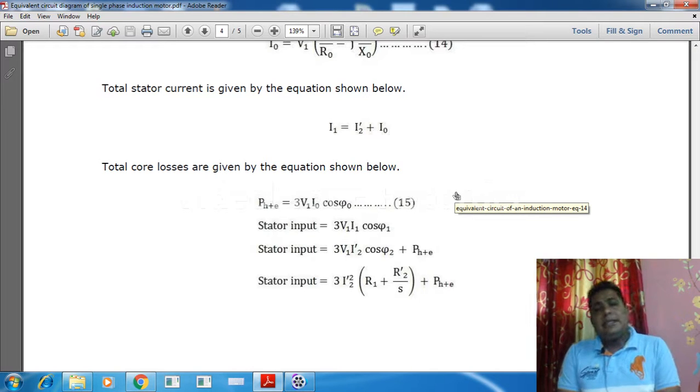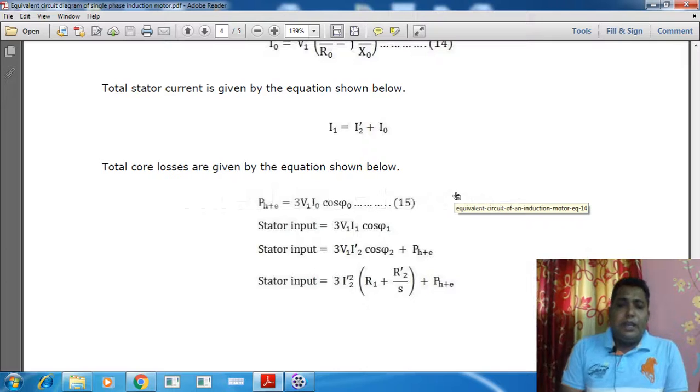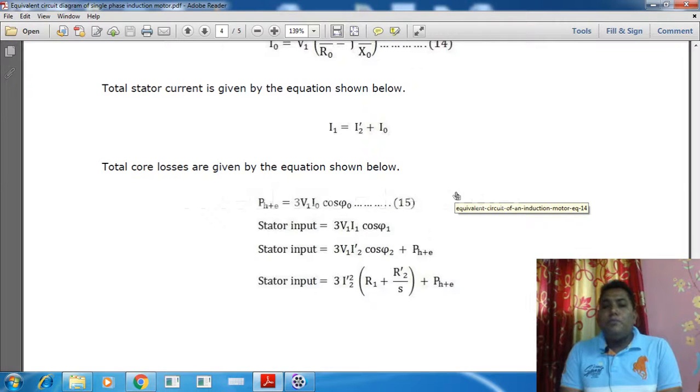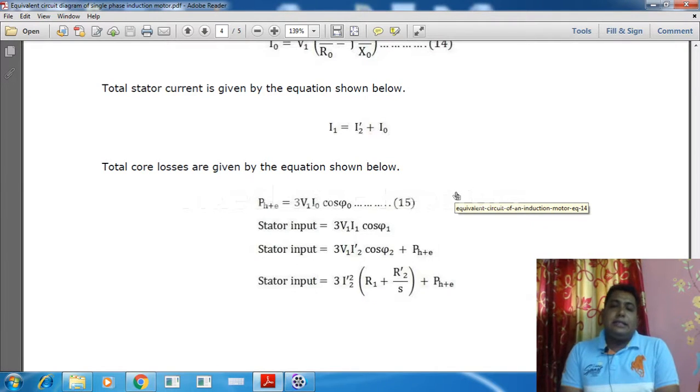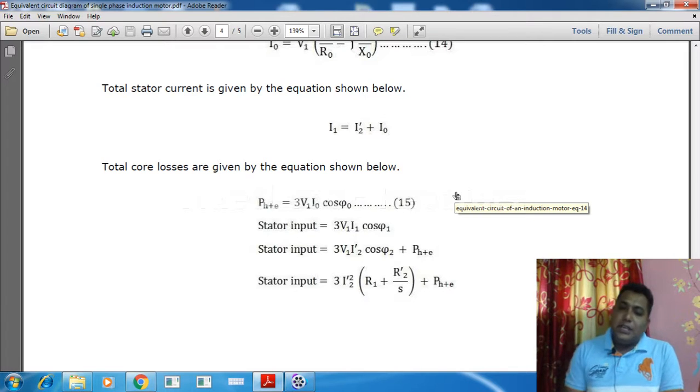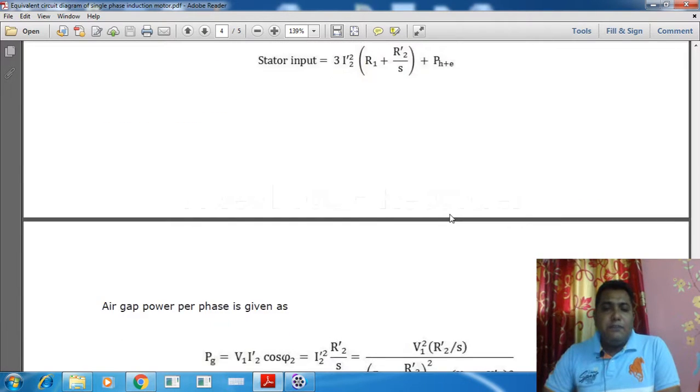Then the stator input can be written as 3V1 I2 bar cos phi 2 plus the losses PH plus E. That is given by 3 I2 square into (R1 plus R2 bar by S) plus PH plus E. So that is the stator input power.